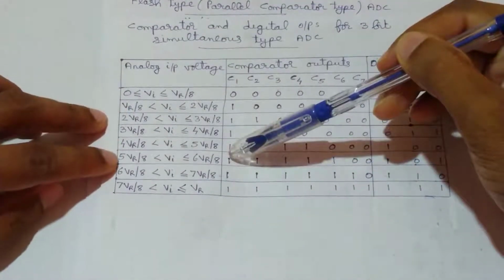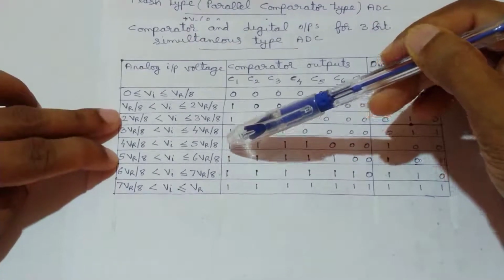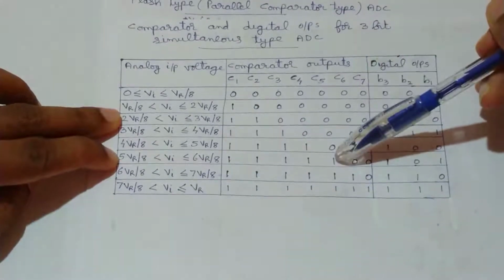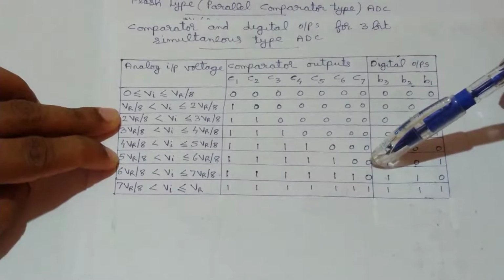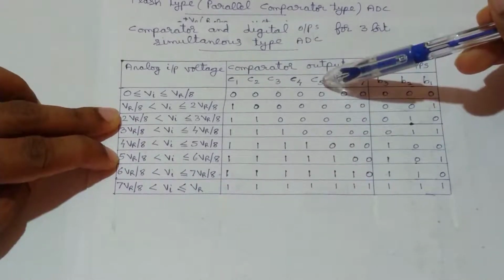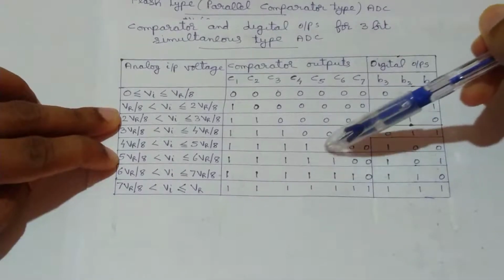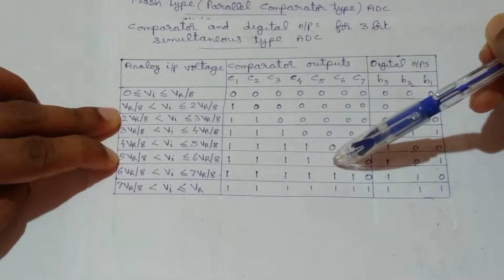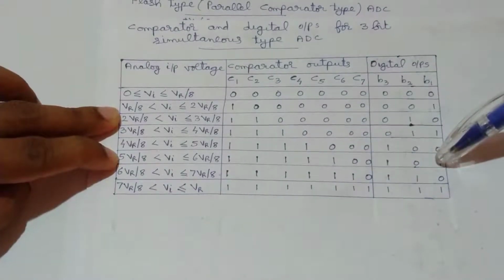Then for 5 VR by 8 less than VI less than or equal to 6 VR by 8, the output of the first 5 comparators are 1s and the output of the 6th and 7th comparators are zeros. Here the 5th comparator output is 1, so the priority is for that 5th comparator output. So the output will be 5, or 1, 0, 1.